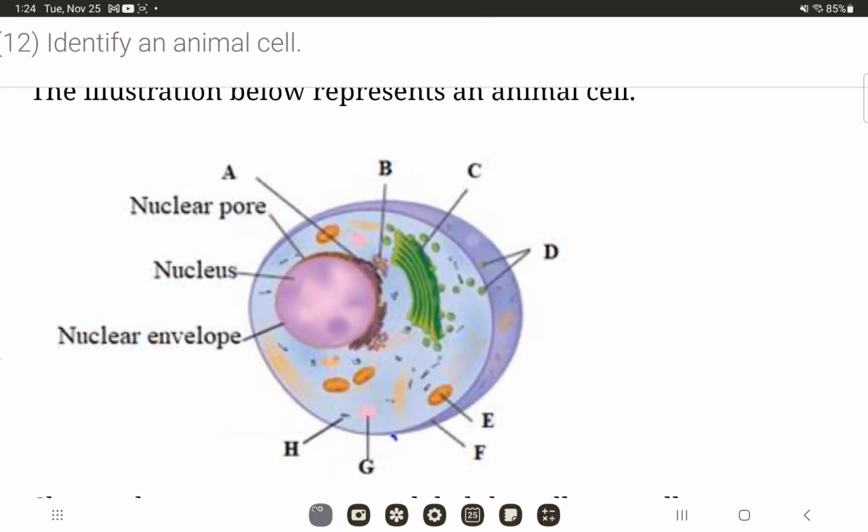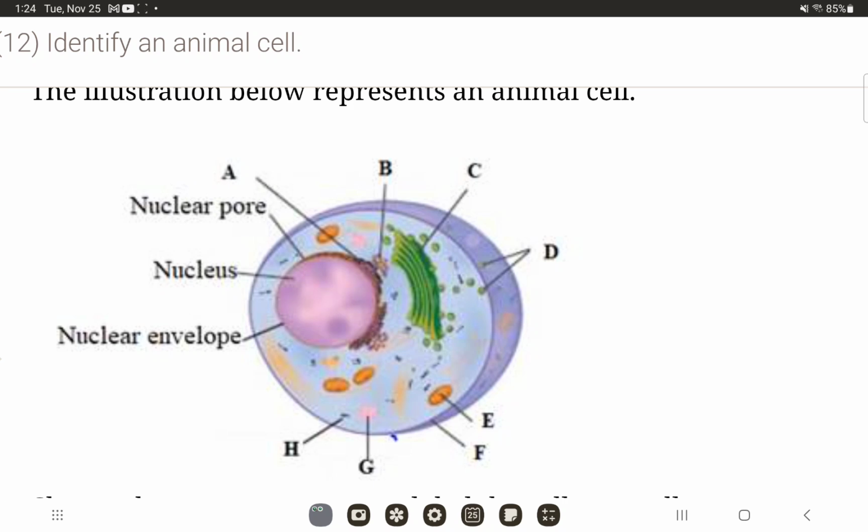So yeah. One way to know is that H, or ribosomes, are the smallest organelles. Mitochondria, there's always a lot, and they're oval shaped. Golgi apparatus, I don't know how to explain that shape, but just memorize the shape, honestly.